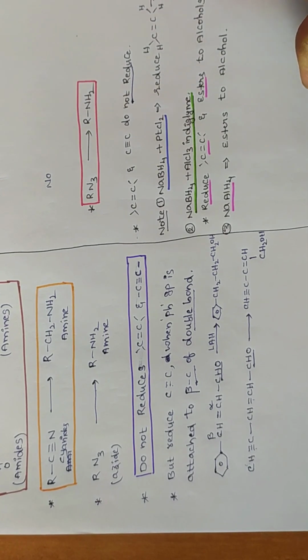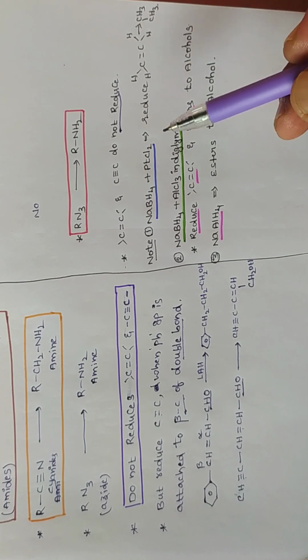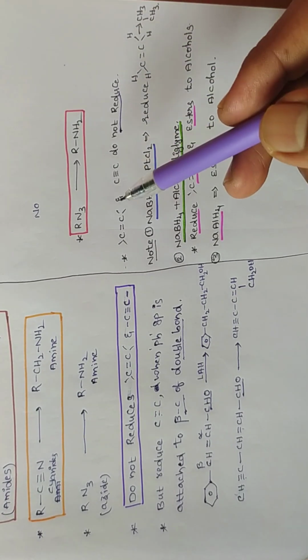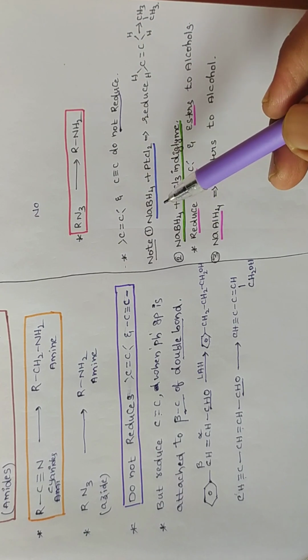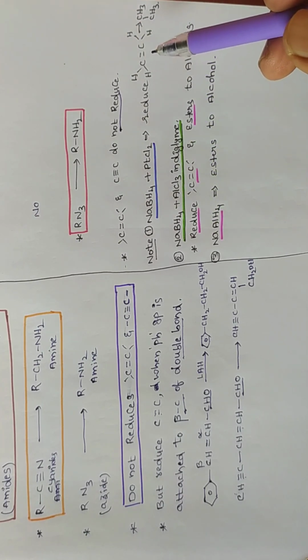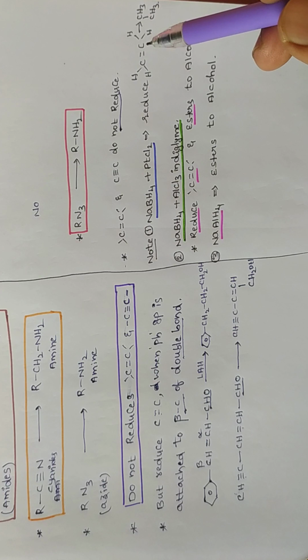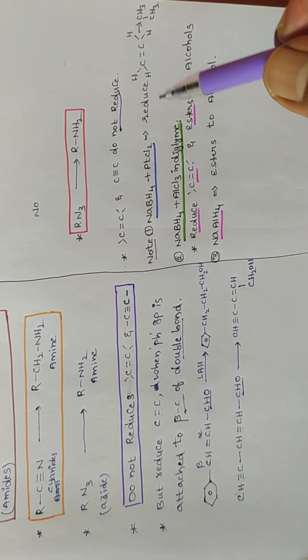Next, this also does not reduce a carbon carbon double or triple bond, but sodium borohydride in combination with platinum chloride can reduce the carbon carbon double bond. That means alkenes are converted into alkanes.